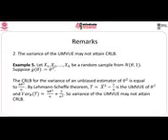Our second remark is, the variance of the UMVUE may not attain the Cramer-Rao lower bound. Let us consider the following example. Let X1, X2, up to Xn be a random sample of size n from a normal(θ, 1) population. Suppose g(θ) equals θ². The CRLB for the variance of an unbiased estimator of θ² can be shown to be equal to 4θ²/n.